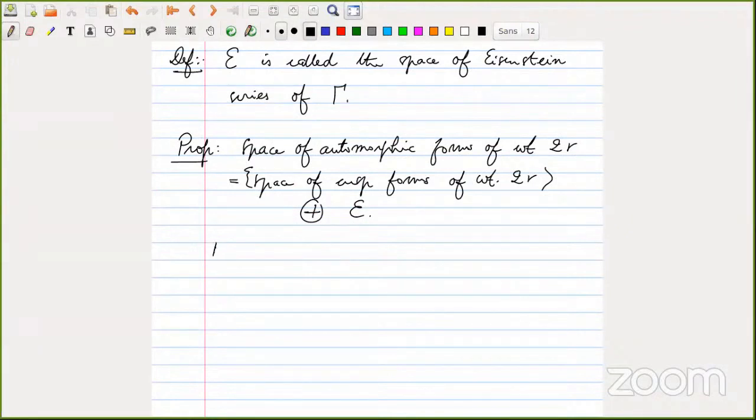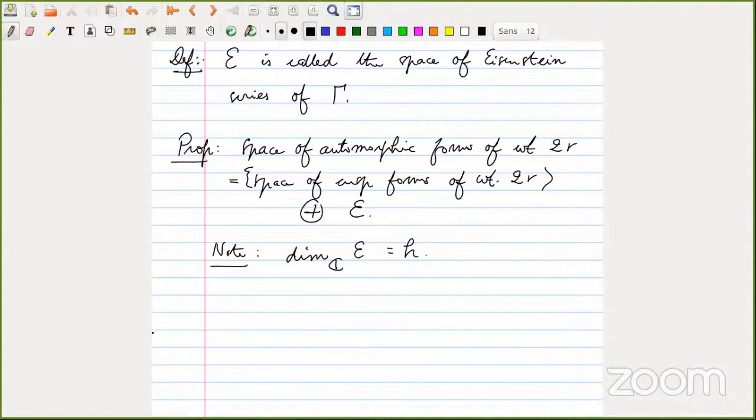So note here that the dimension of this is h. This is exactly as in the case of elliptic modular forms. But the question is this: we are talking about the space of automorphic forms, but is this finite dimensional? That's the next question.